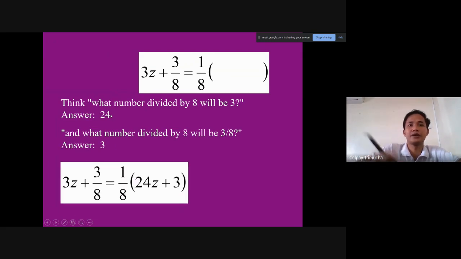So we have 24z plus, next we have 8 divided by 8 is equal to 1 times 3, that will be equal to 3. So we have divide mo sa denominator, multiply sa numerator. So that will be 24 and we have 3.